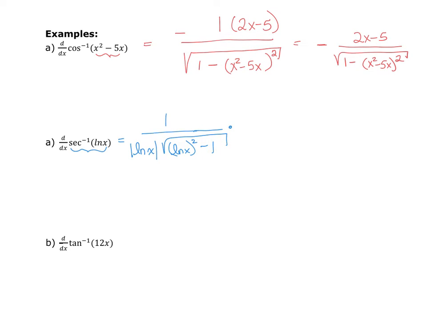And then we have to take the derivative of this argument. Well, the derivative of the natural log of x is 1 over x. So our result here would be 1 divided by x times the natural log of x times the square root of the natural log of x squared, subtract 1.